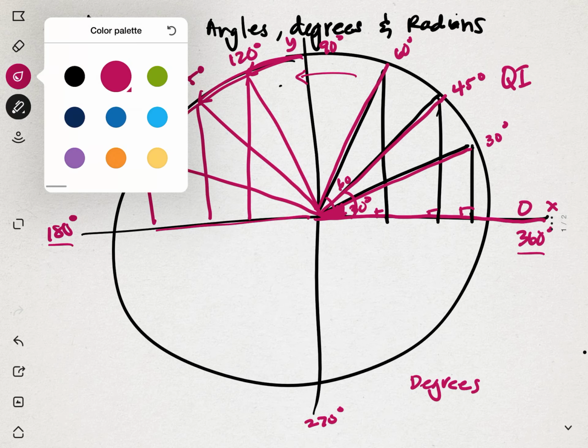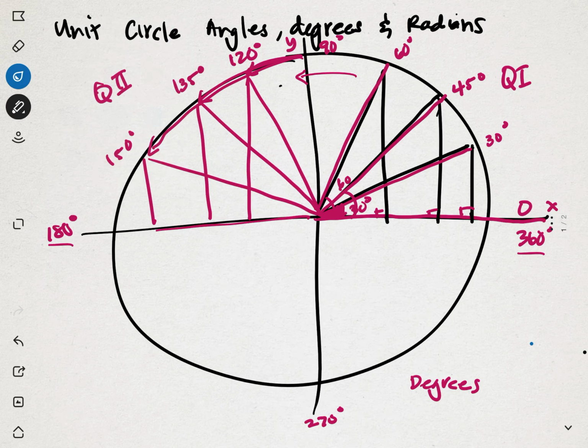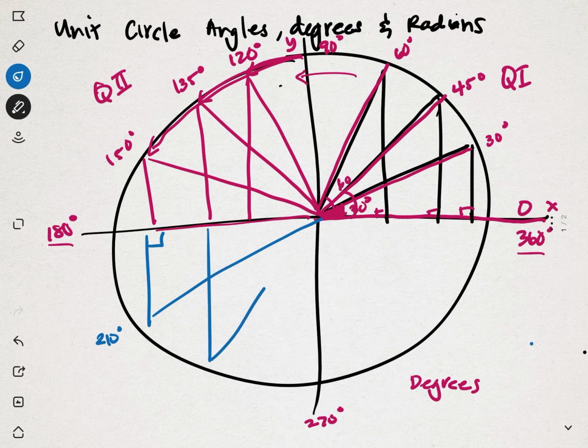Should probably change color. It's getting monotonous. And then likewise, if we start at 180 and we add 30 to that, then we have another triangle here. This is going to be 210. And then we have this 45, 45, 90 triangle here.